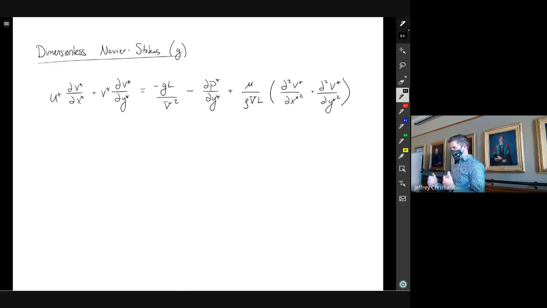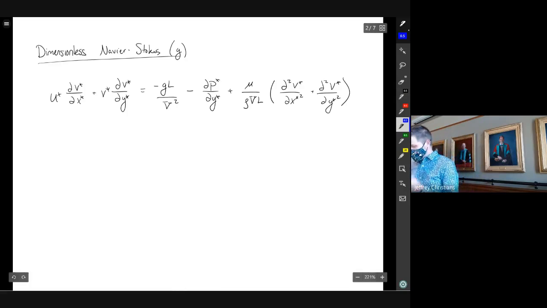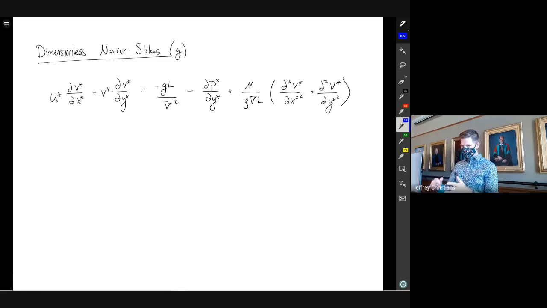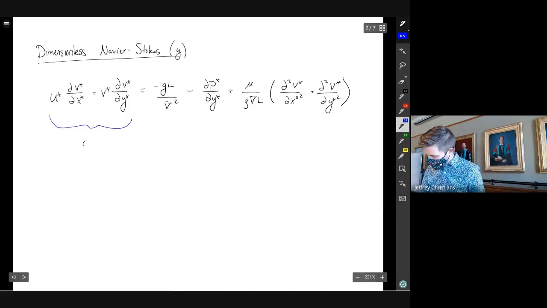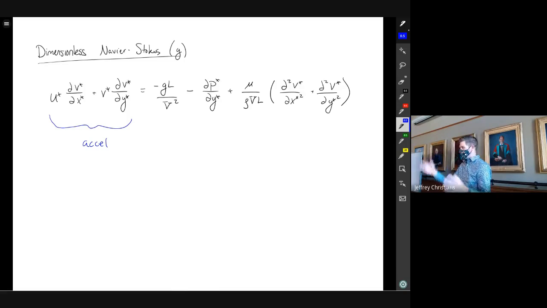We made it dimensionless. And why did we make it dimensionless? We'll see a little bit more, but all that the Navier-Stokes equation is, it's this big nasty thing, but it's just a force balance. So this part, that's acceleration, fluid acceleration. How is the fluid moving? Which is governed by the forces that are being applied to the fluid. And if we have one big force and two itty bitty forces, the big force wins, and that's what's governing flow.